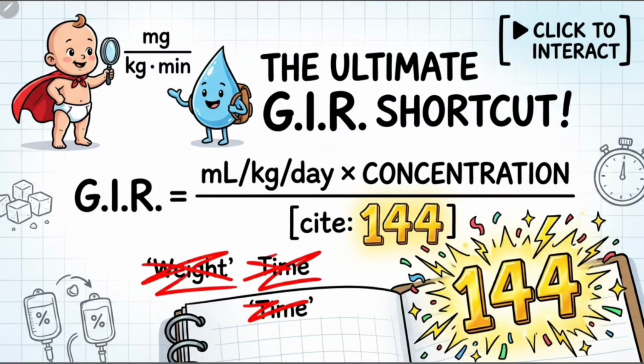When we are drawing with watercolor, mixing red and blue creates purple. Like that, glucose infusion rate calculation and mixing a custom fluid is so much simple. So we will learn how to do that in the simplest way possible.